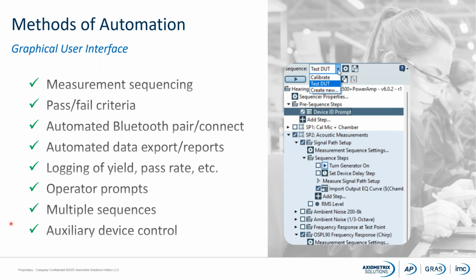And then lastly, there is the ability to use the auxiliary I/O on the back of our analyzers to, for example, start a sequence on the foot press of a pedal, or maybe turn an LED ring to green when your sequence passes.